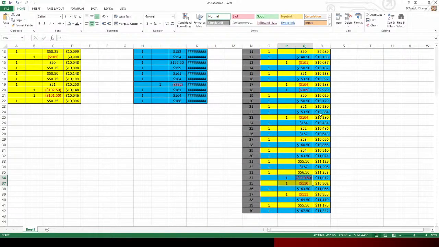We've built up enough in our streaks of winners that we lost 340.50, but we're still $1,012 above capital, and then we lost another 110. We're still $902 above capital, and then back to 1,066 above capital, down to 955, and so on.